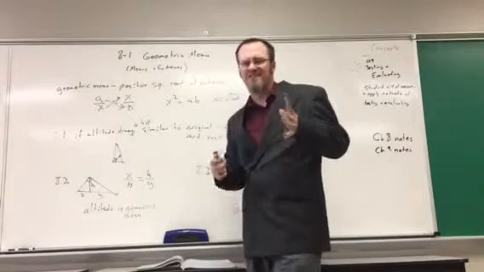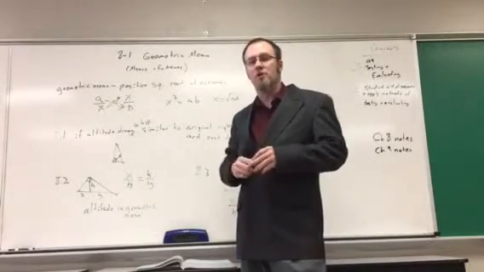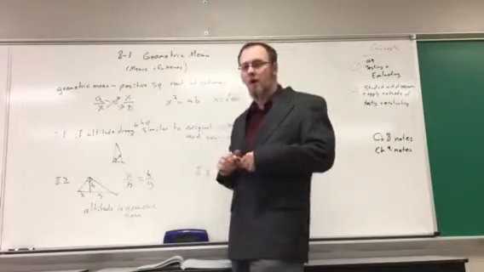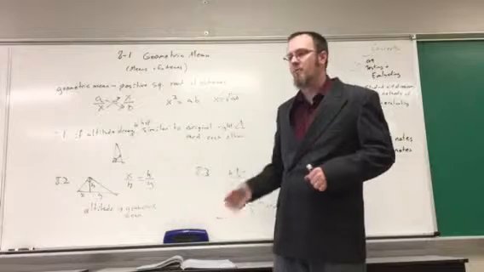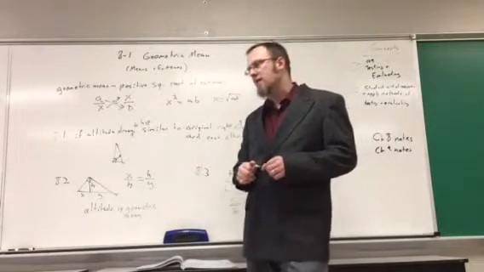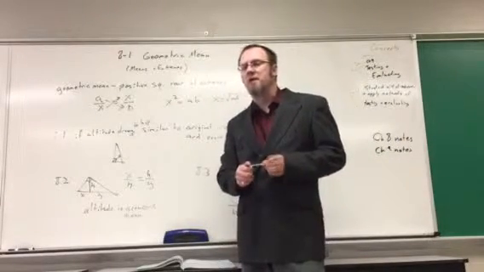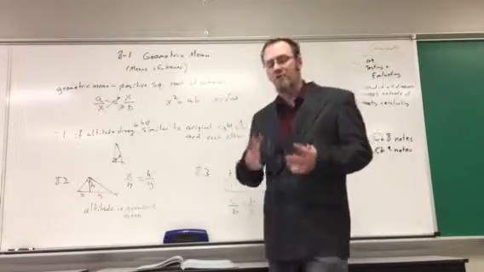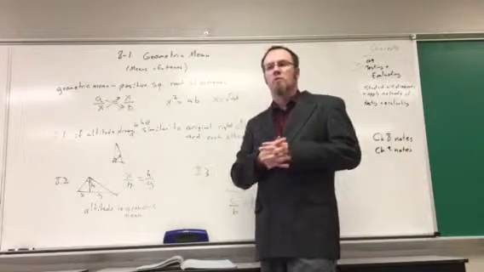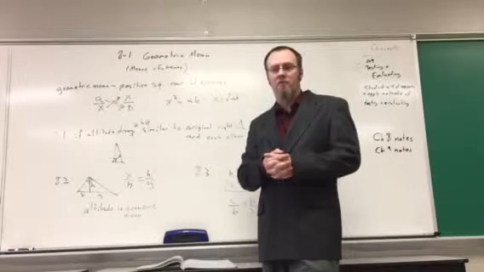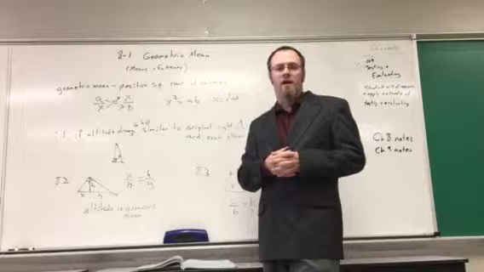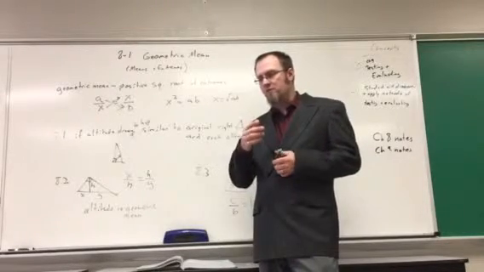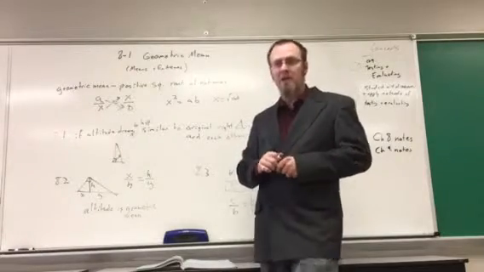This is not the statistical or algebraic mean that you are used to, where you just add everything up and divide by however many there are. It doesn't work that way. In the example in the book, they have the geometric mean of 5 and 45. The algebraic or statistical mean would say you add those up, 5 and 45, you get 50, and then divide that by 2 and say 25 is the mean.